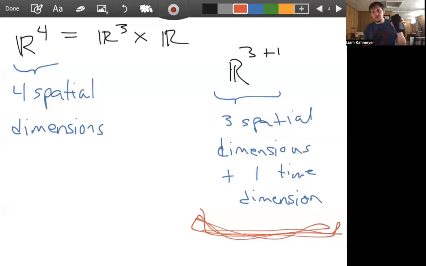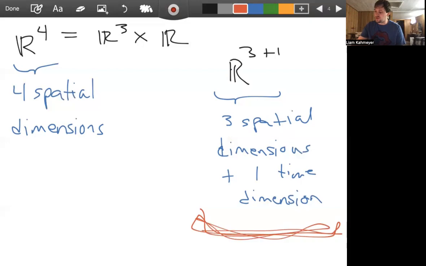The 4-dimensional object would be like the trace, if you will, from start to finish of the whole thing. And so you can think about 4-dimensional objects that way when you think about the 3 spatial dimensions plus 1 time dimension aspect.